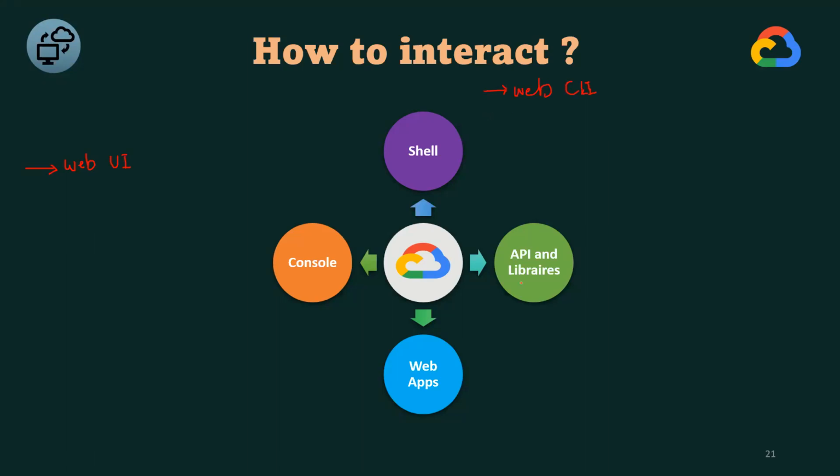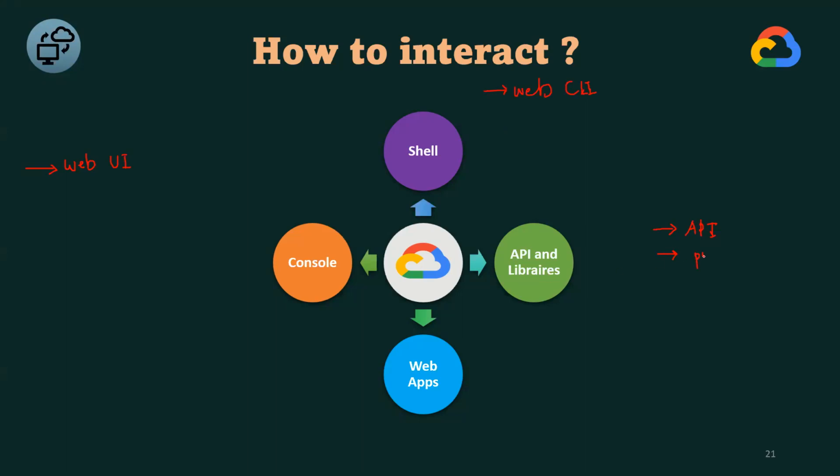And you have API calls or client libraries. Sir, each and every service in Google Cloud Platform can be interacted with via API. You can also connect it to an application via API, and interact from there. Each service in GCP also has client libraries.